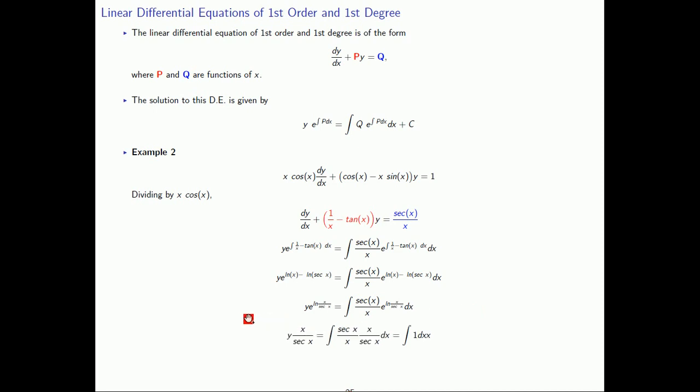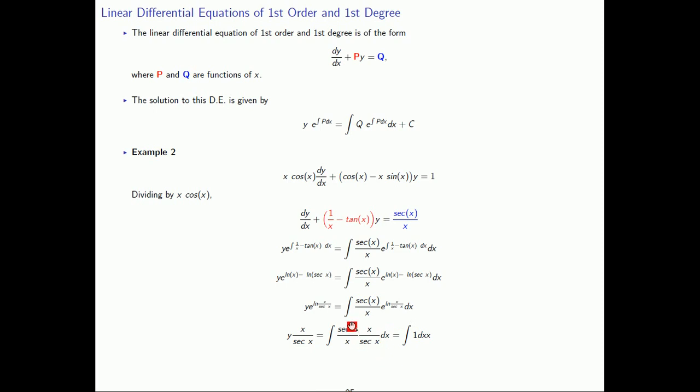Now as we did in the first problem, taking the exponents and again taking the logarithms, or the other way, since they are inverse functions, this expression e raised to ln of x upon sec x will simply become x upon sec x. So LHS will be y into x upon sec x, and even this term in this big integral will be x upon sec x.